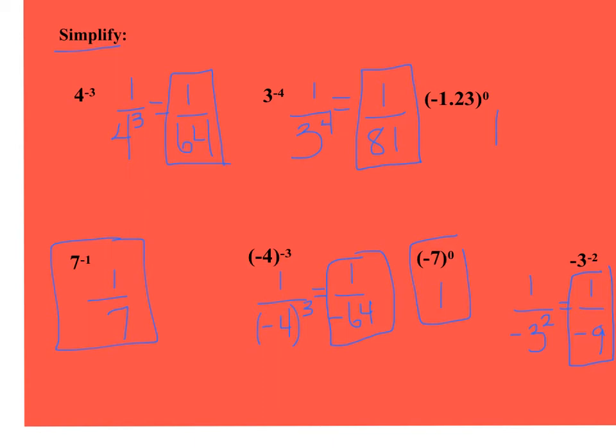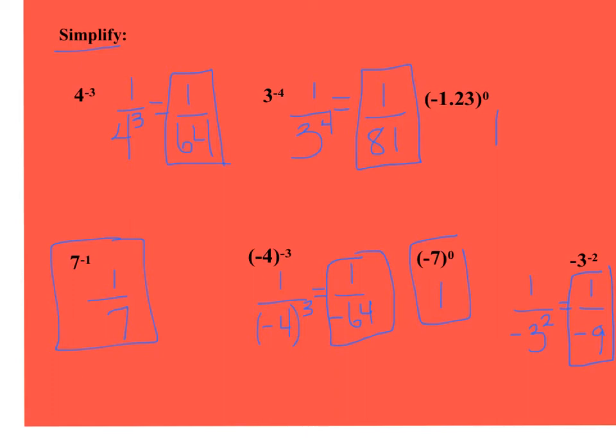All right, here are the answers. You'll notice in this top section I also went back and simplified those fractions a little bit further. So 1 over 4 cubed becomes 1/64th, and that just comes from 4 times 4 times 4. And then 1 over 3 to the fourth power simplifies all the way to 1 over 81.